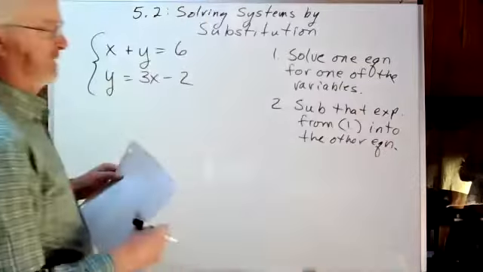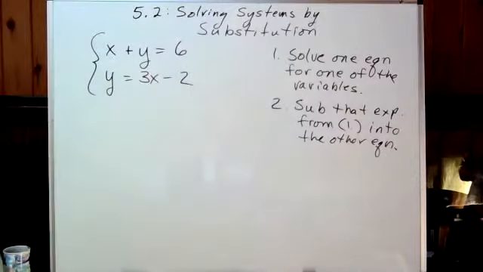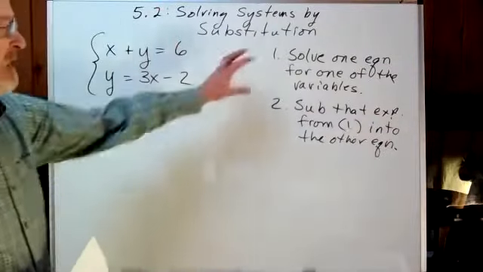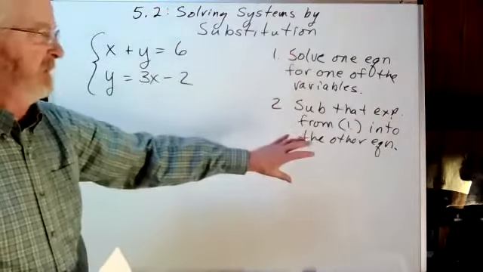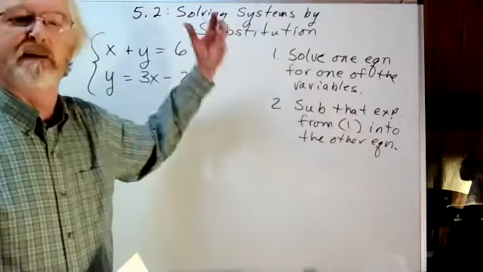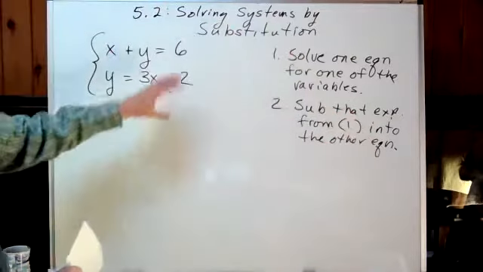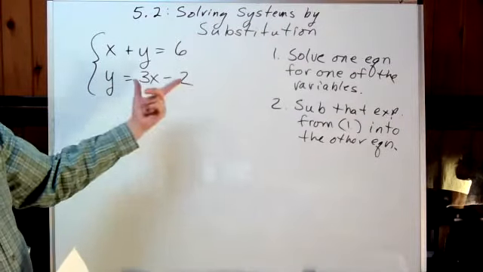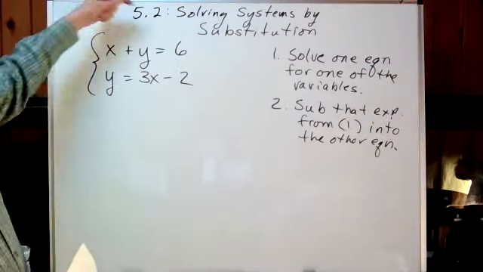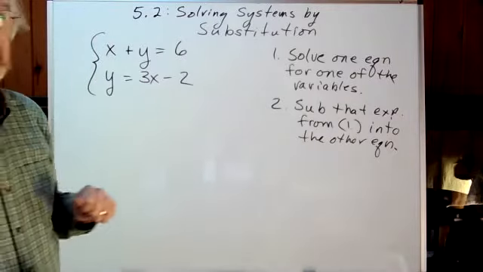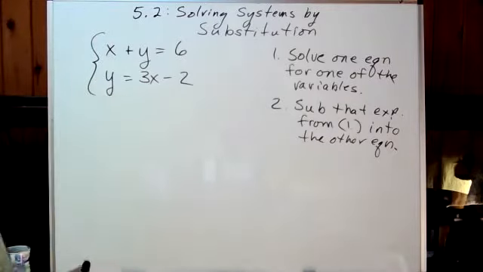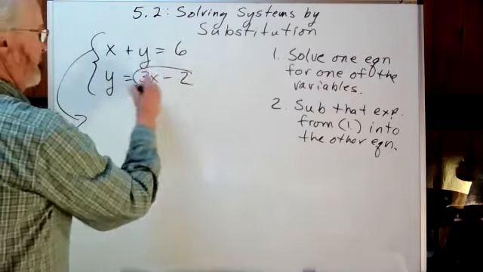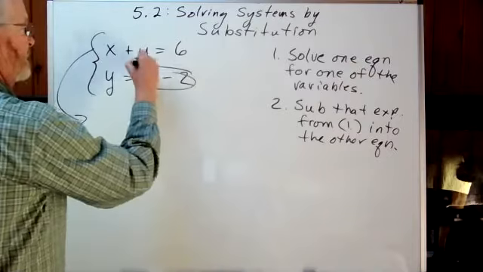I'm abbreviating words here, expression and equation, but we're going to take whatever we came up with from this first step and substitute it into the other equation. This expression is telling me that Y equals this stuff. So now I'm going to substitute this stuff into the other equation instead of Y. I'll walk it through. Here's where I do my arrow thing again. I'm going to take all of this and put it in there instead of a Y.